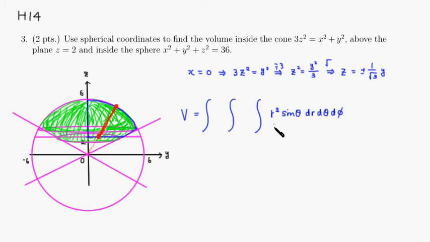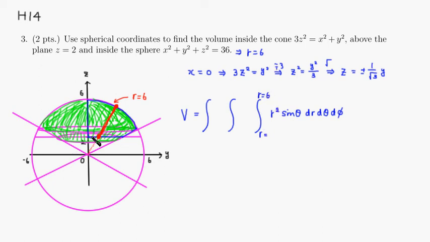So r here is easy because this is the edge of the sphere. In spherical coordinates, it's just r equals 6. This is a sphere, so we know that the radius is equal to 6, so the upper bound is going to be 6.